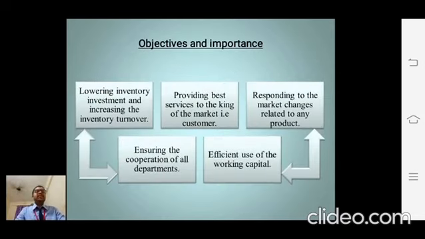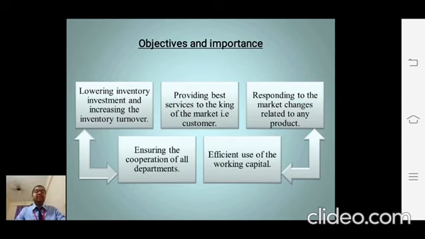So first you should find out what this is. Next, the objective and importance of this project: lowering inventory investment and increasing inventory turnover.